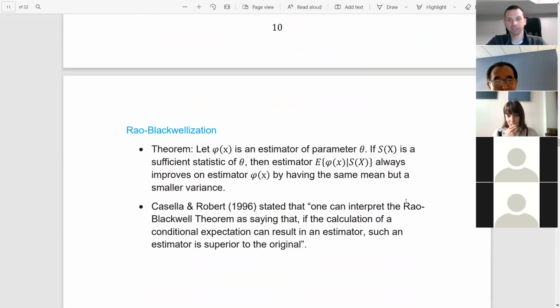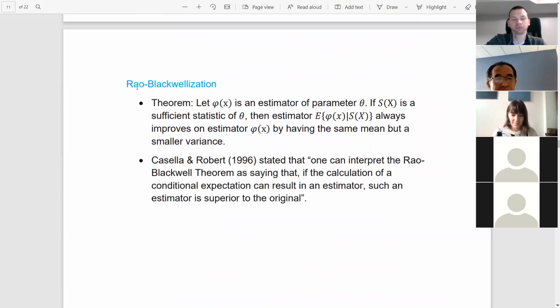Okay, so now let's see, what's the idea? This Rao-Blackwellization. The original theorem says if you have this phi of x, an estimate of a parameter theta, and S of x is a sufficient statistic, then you can average over the conditional distribution given S of x.